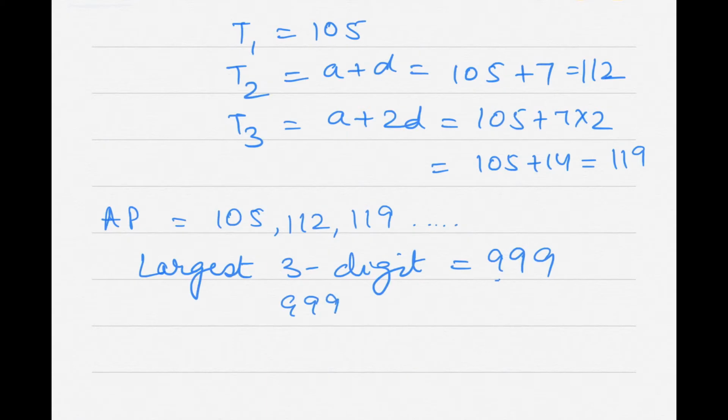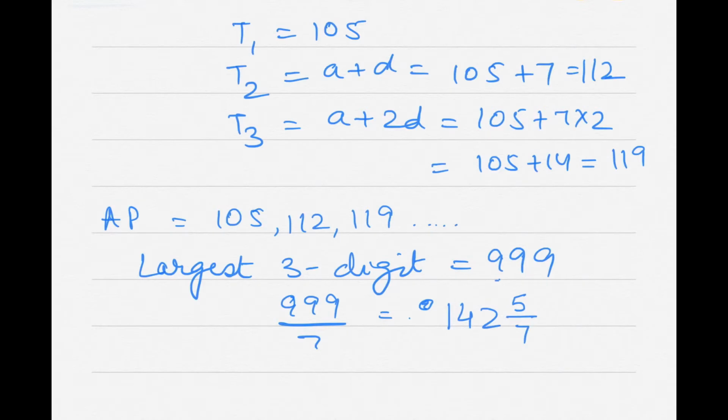So if I divide 999 by 7, what will I get? I'll get 142, and then 5 is my remainder.